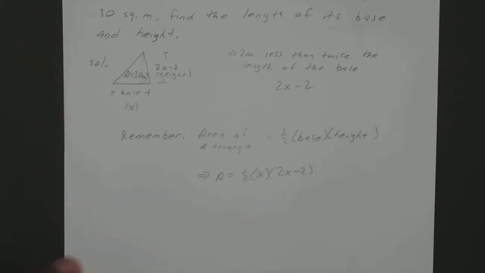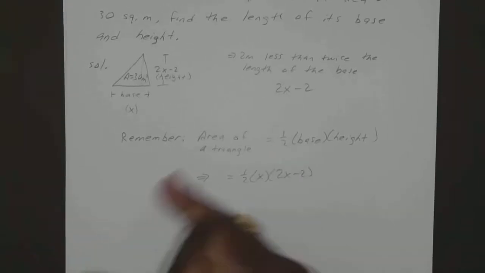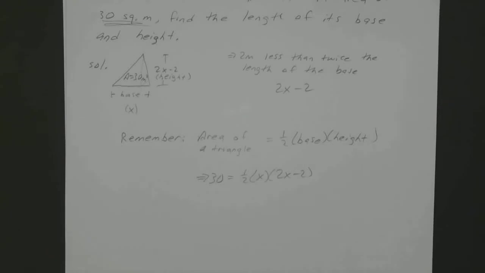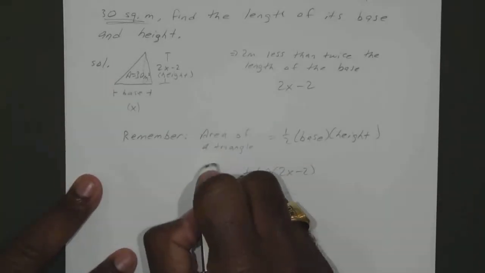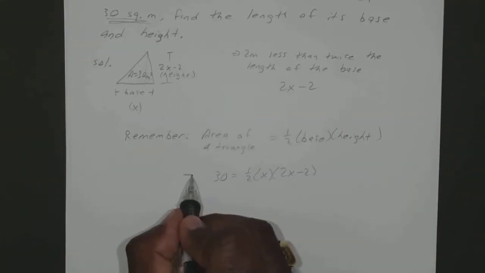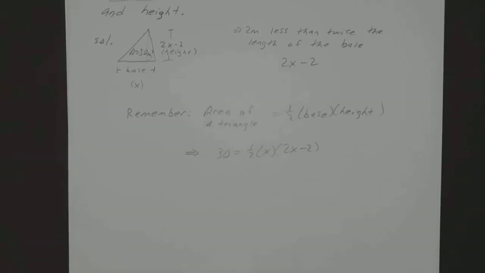So actually, since we already know the area is 30, we can replace that. Okay. So now all we want to do is just bring everything over to one side.